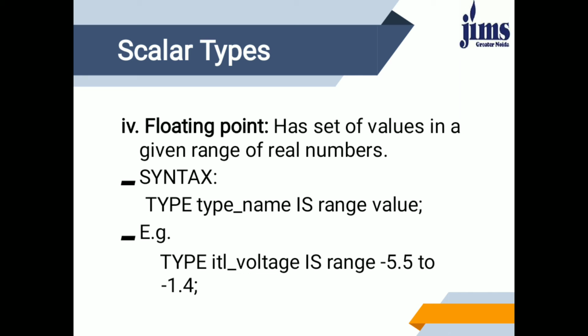Like integer type, here also we can specify the shorter range by using the predefined word range. For example, type ITL_voltage, a user defined name of that type, is range minus 5.5 to plus 1.4.